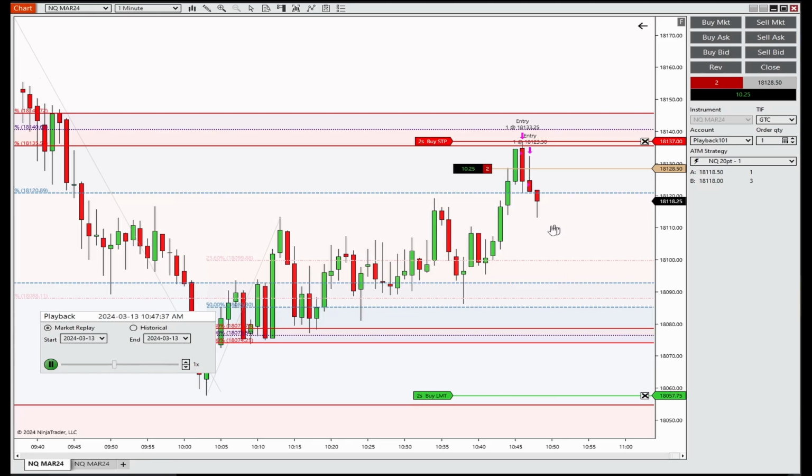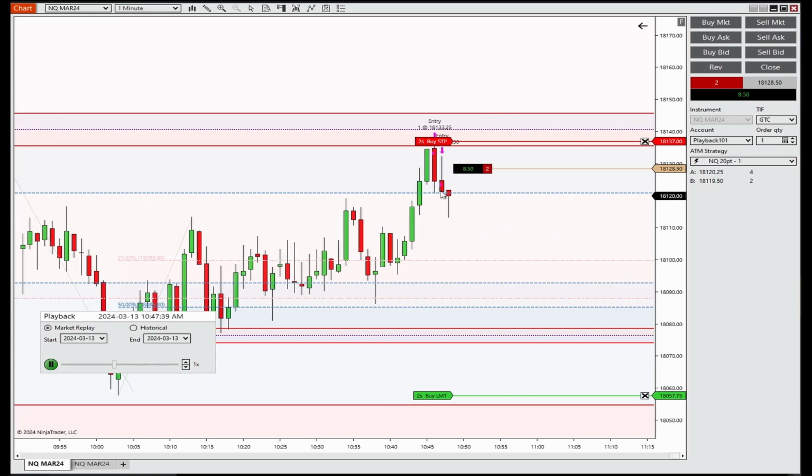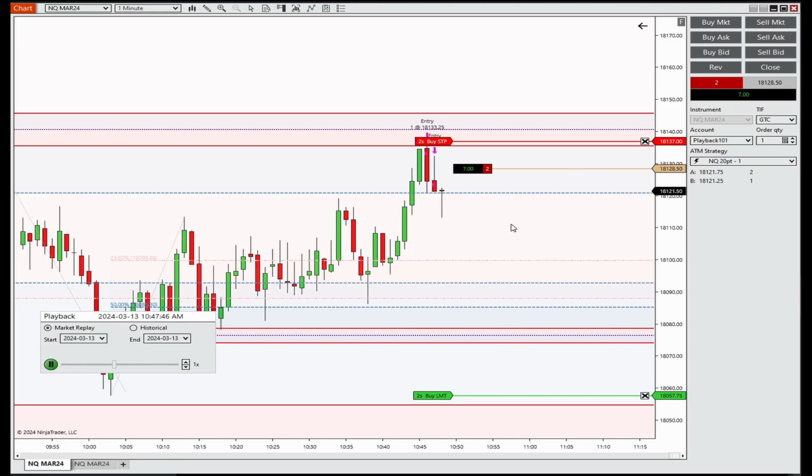We're at the time that we like. We've now got a body closure underneath that. We'll see what ends up happening here. And what you'll likely find as well is that these won't give a retracement on the higher time frame.